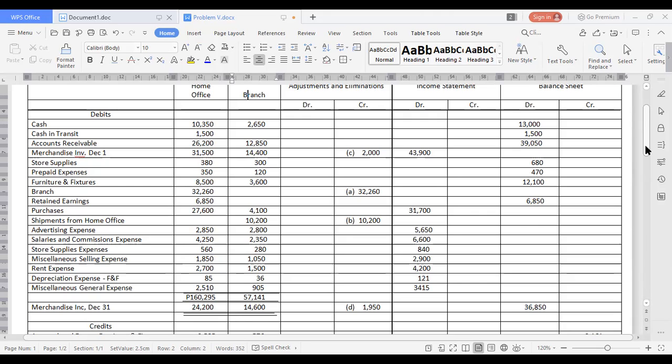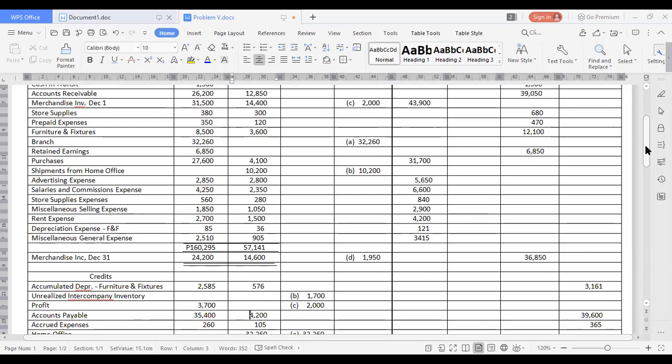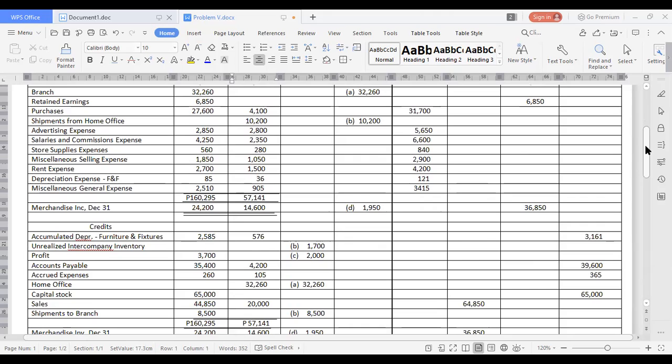Then for merchandise inventory end, 36,850. That's the amount after adjustment. The 36,850 is to be extended to the balance sheet debit side because it is an asset.